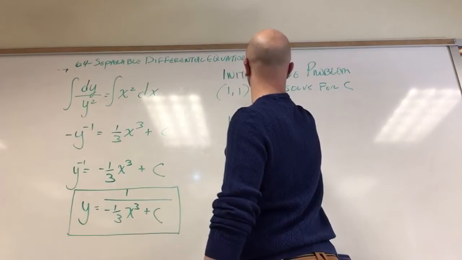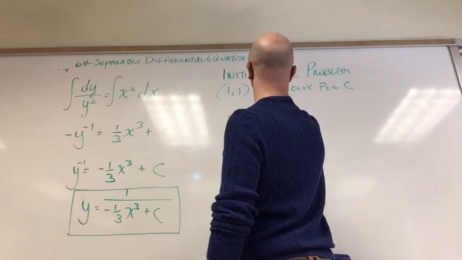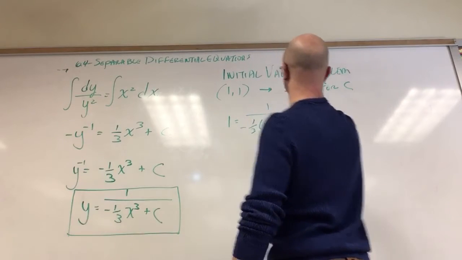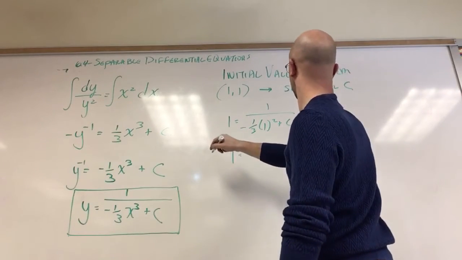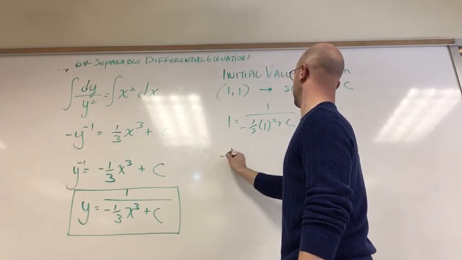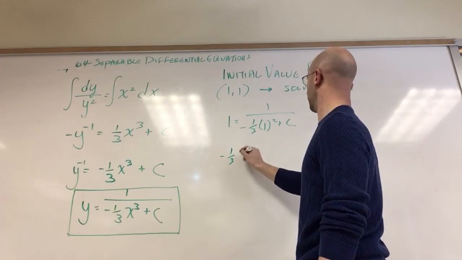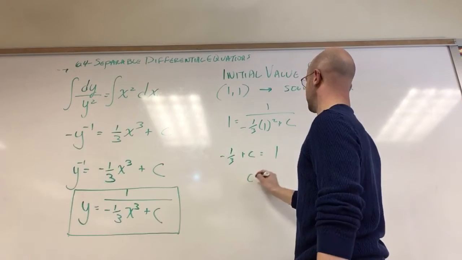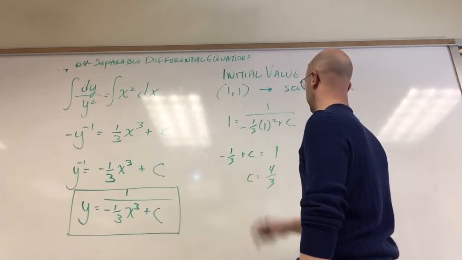Oh, no. 1 equals 1 over negative 1/3 plus c. It's going to be negative 1/3 plus c equals 1, c equals 4/3.